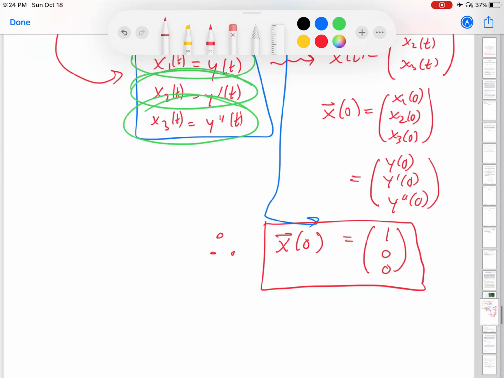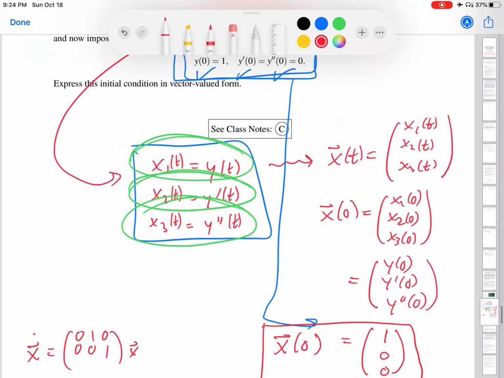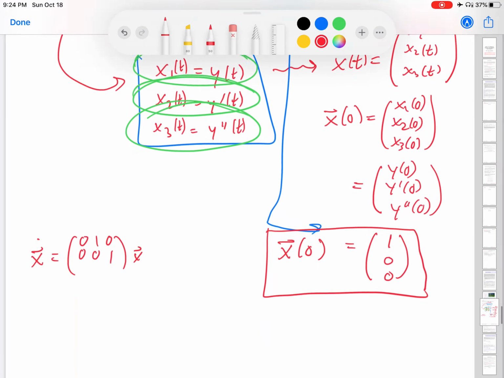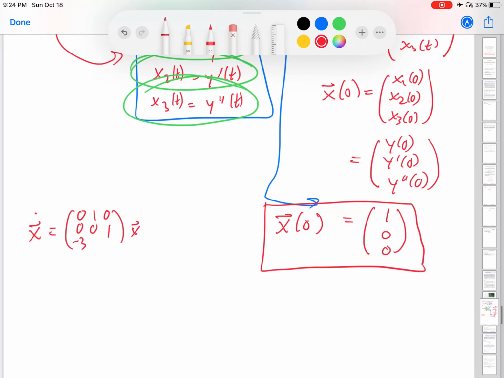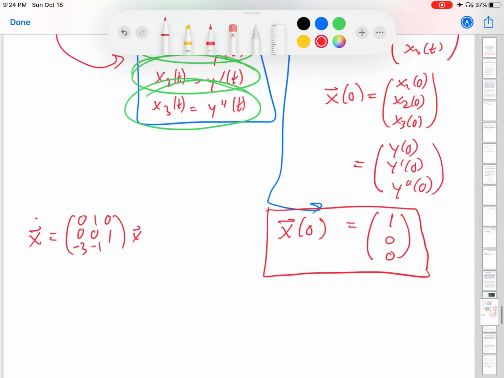Okay. So I think we had in the previous videos written down the matrix representation of this, and I think it was, let's see, 0, 1, 0, 0, 0, 1, and let's see, minus 3y, so minus 3, and then minus y prime, minus x2, and then there's no x3, and then plus 0, 0, e to the t, right?